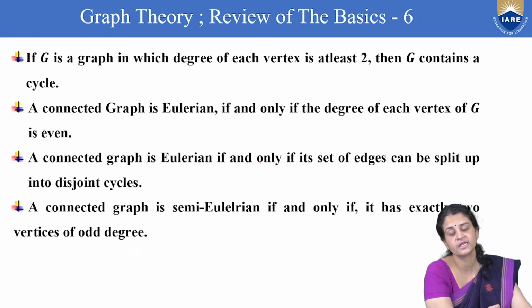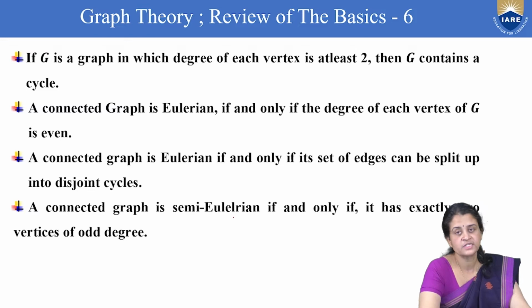Suppose we find one cycle. If the cycle contains all the vertices of G, then that's okay. If we find some other vertices, then we can remove those cycle edges and find other cycles. And the union of all these cycles will constitute an Eulerian graph.